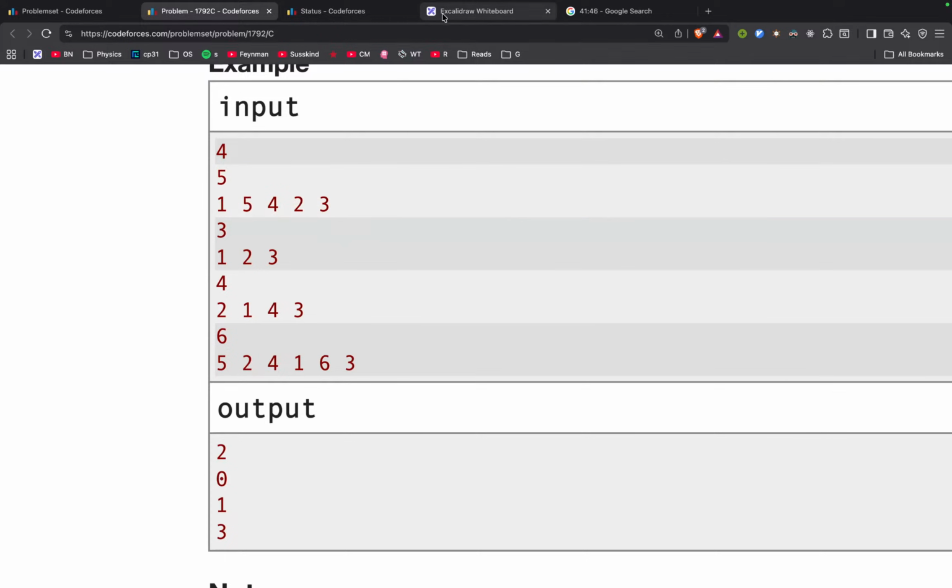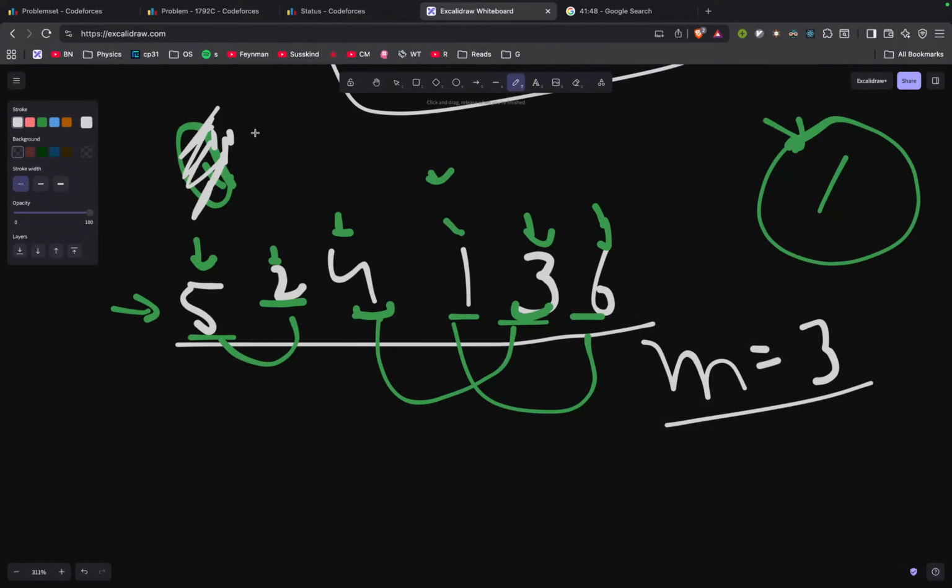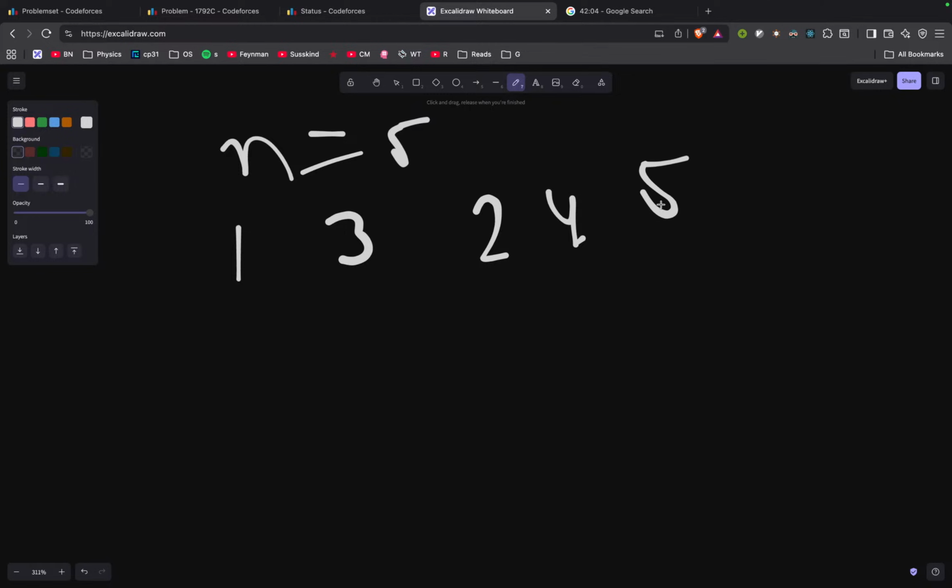When we do use 2 and 4, okay, for n equals 5, let's say we have 1, 2, 3, 4, 5 here. Relatively speaking, 1 and 5 are in the correct order.